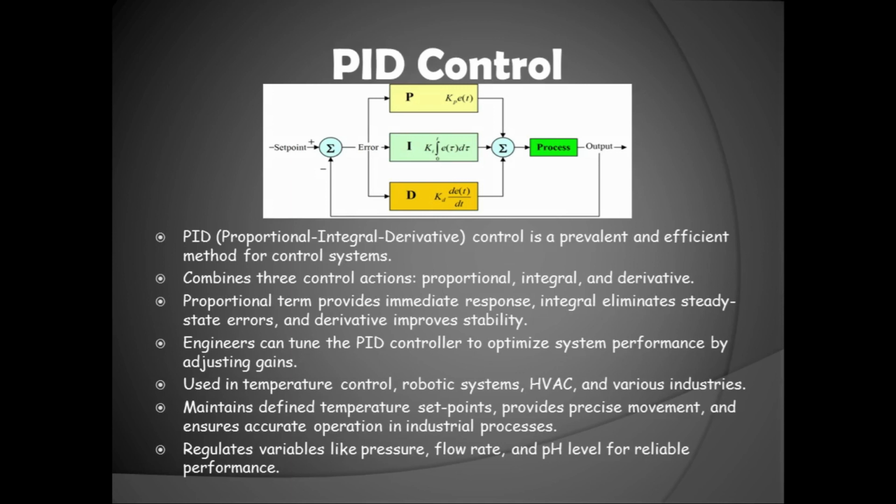So, by far, out of all the control methods that we've mentioned, PID control is the best, hands down. PID control sums up the three control methods: the proportional, the integral, and derivative, resulting in a very efficient and precise control method for control systems.